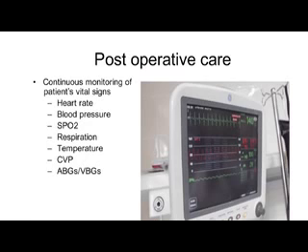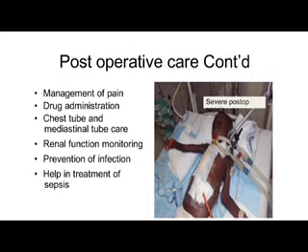We have continuous monitoring of the patient's vital signs, and then heart rate to determine arrhythmias, blood pressure, SpO2, respiration, temperature, CVP, ABGs, and VBGs. And you know what all these things stand for. Management of pain, as he has described, and then other drug administrations.